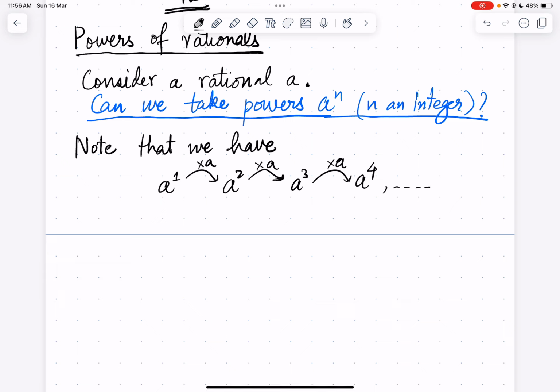Note that we have this sequence. If you multiply a power 1 by a, you get a power 2. If you multiply a power 2 by a, you get a power 3, and so on.